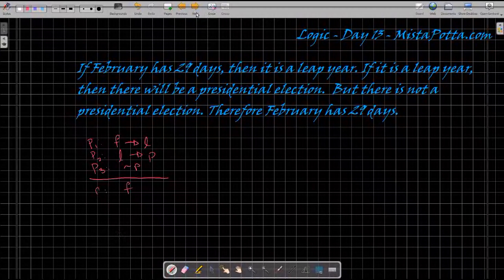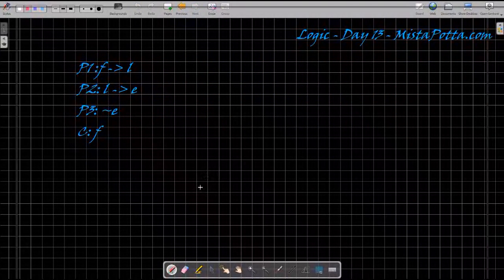So given these premises and trying to reach this conclusion, I'm going to list my statements and reasons. I've got F conditional L, L conditional E, and negation E. And these are all premises.